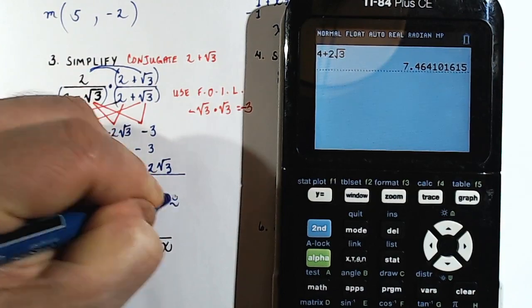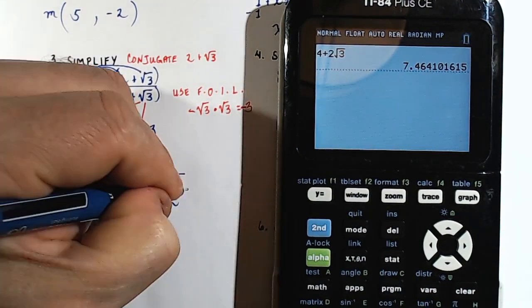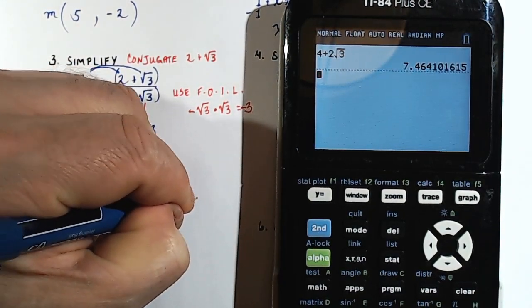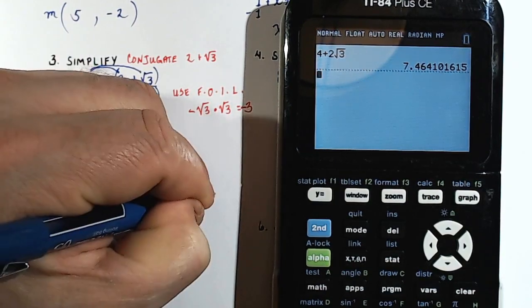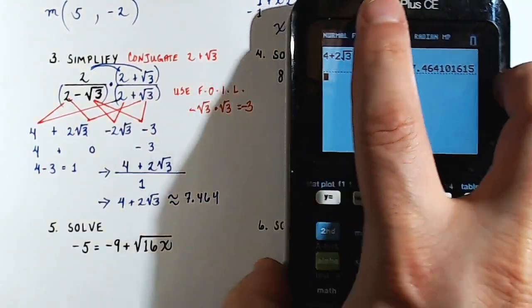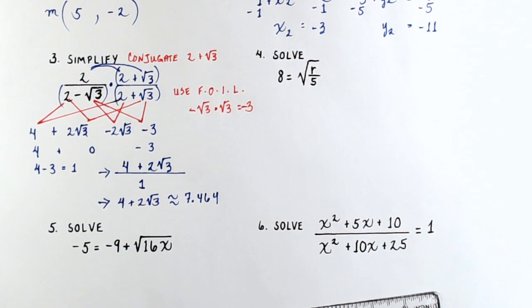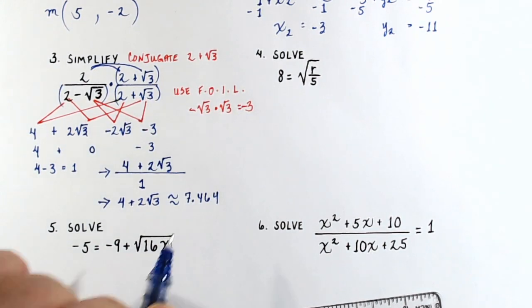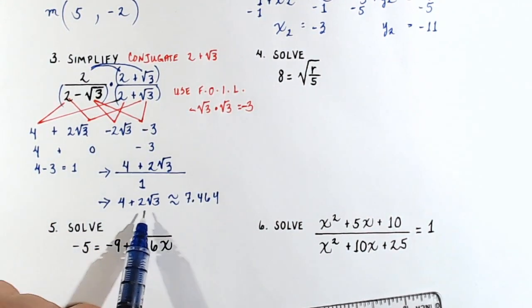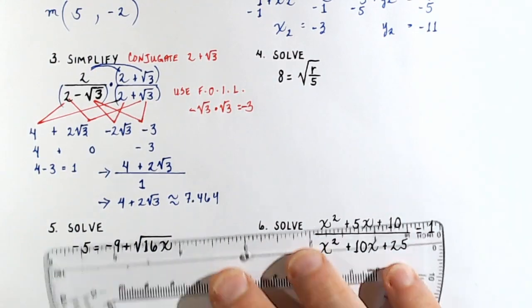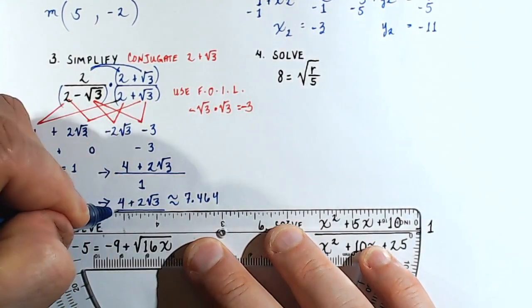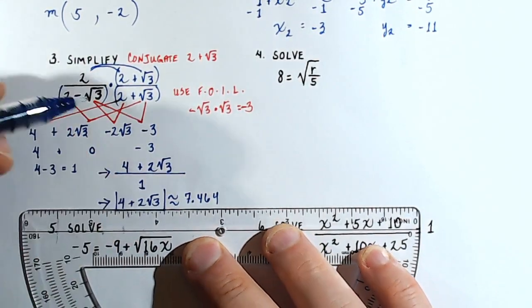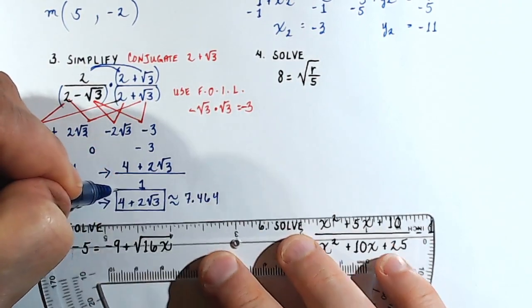So we could say approximately equal to 7.464. It's interesting, right, that it reduces down to an elegant little expression like that. This is the one we would want as our answer right here. And that's how you use the conjugate. It's a pretty neat trick.